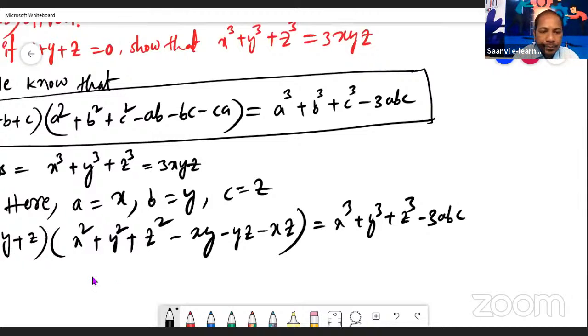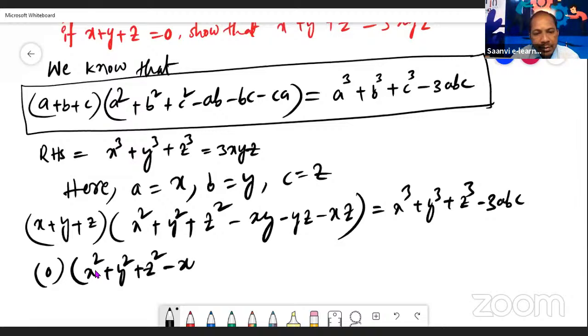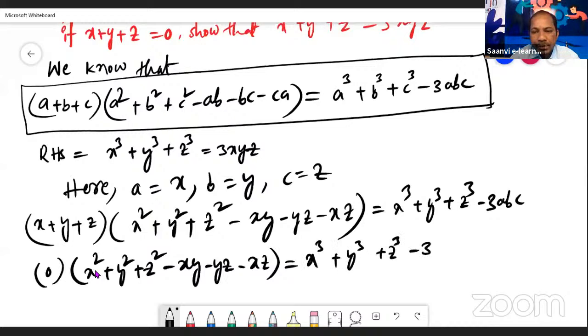Now see here, given x plus y plus z is equal to 0. So in this place you write 0. The remaining x square plus y square plus z square minus xy minus yz minus xz is equal to x cube plus y cube plus z cube minus 3xyz.